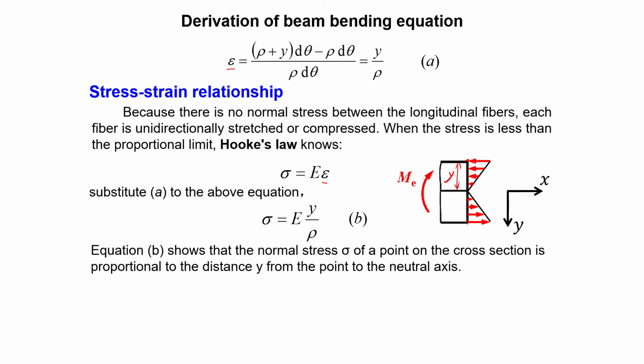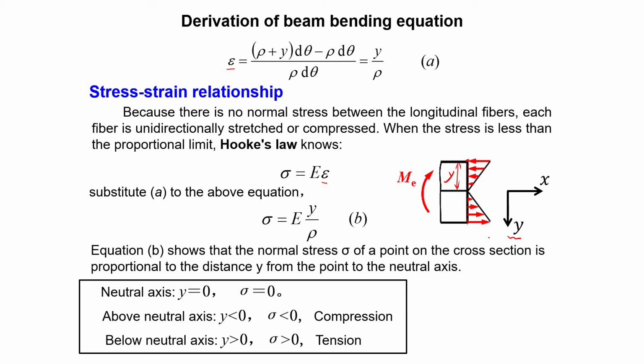On the top is negative, the fiber is under compressive loading, is shortened, so it's under compression. Because we have defined y in the downward direction as positive, we will try 3 different positions to see the sign of the stress. At the neutral axis, y is 0, so sigma is 0. That's easy to understand.